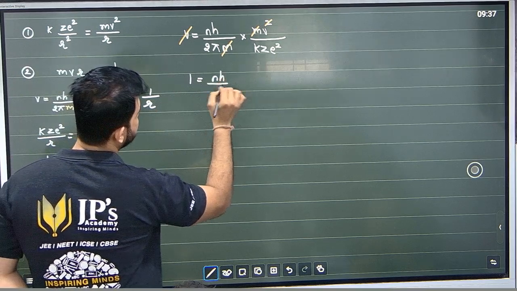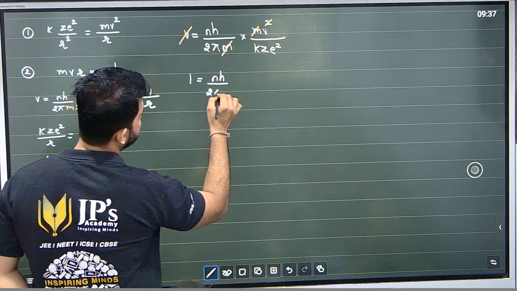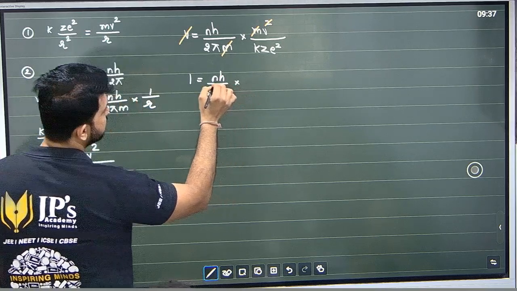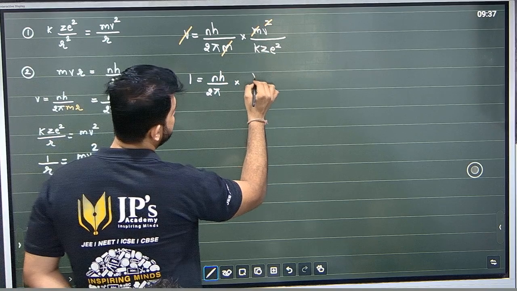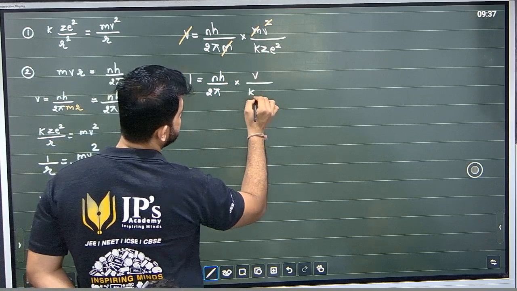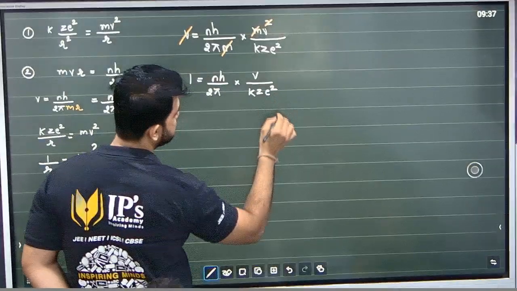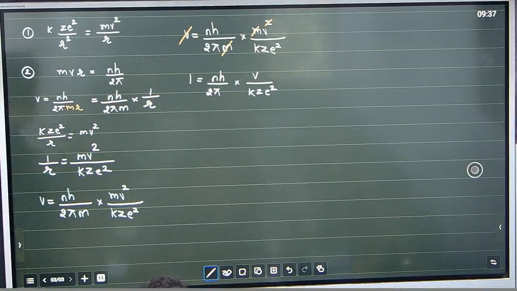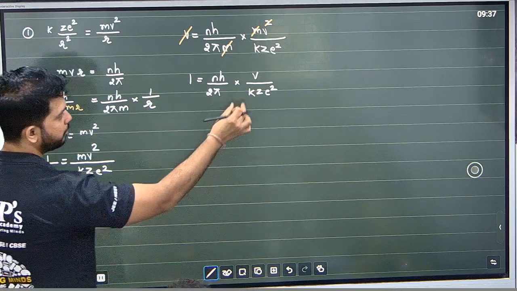n h upon 2 pi into v upon k Z e squared. I'm sorry, we're looking for the formula of velocity. What do you get for v from here?